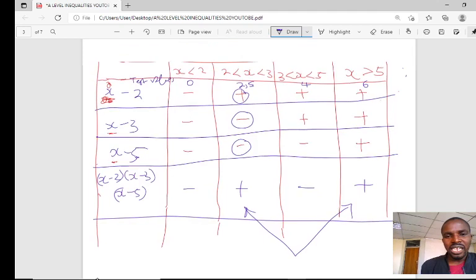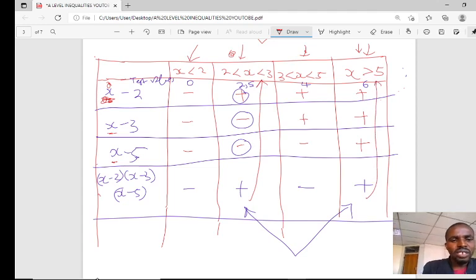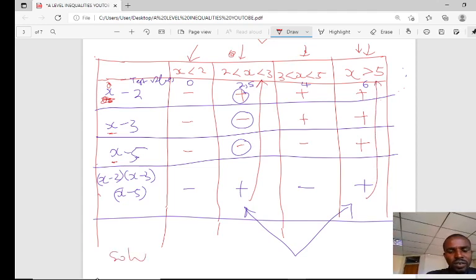So what is up there is the solution that you have to take. So in this case, you take this one and this one. So the solution is x lies between 2 and 3.